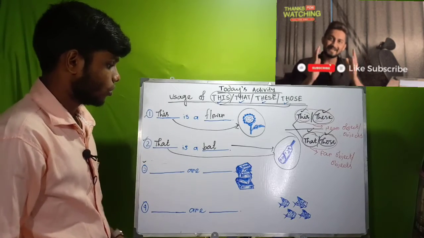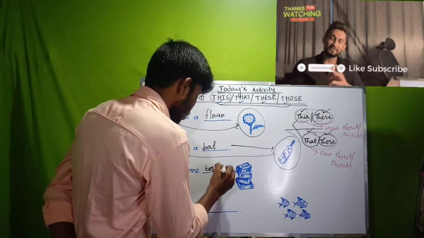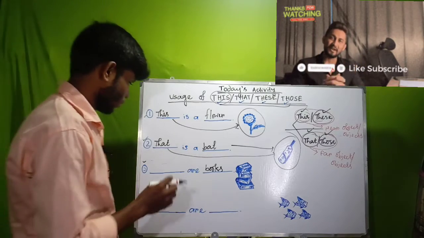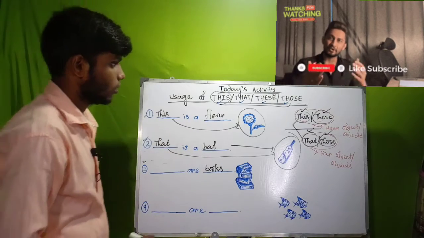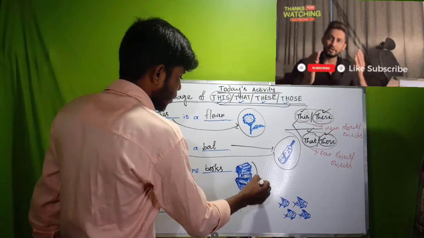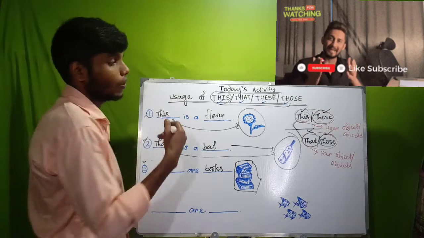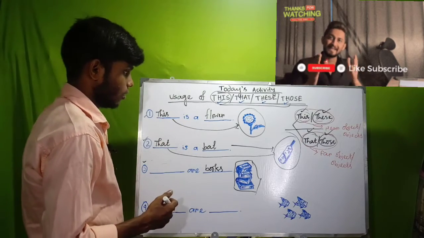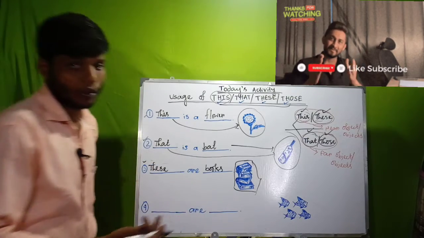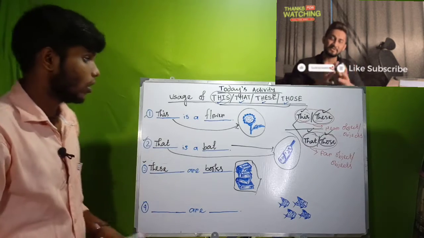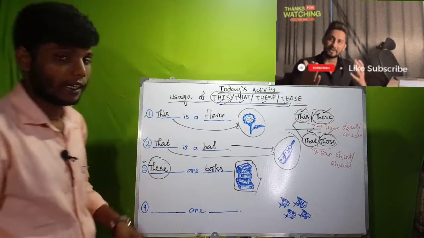Next, there are many books in the picture, so we write down books. Books are near objects. That's why we put down these. The answer is: these are books. Why have I put down these as a subject in this sentence?